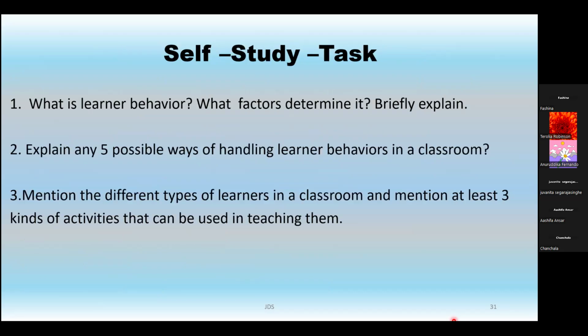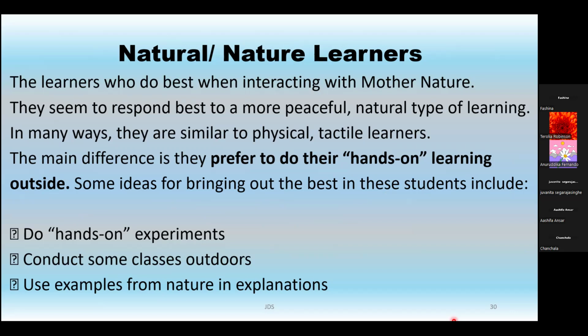Look at your self-study task. Tell me the different kinds of learners, first of all, before the self-study task. Name them. There were 8. Can you please name them from the beginning? Visual, auditory, kinesthetic.